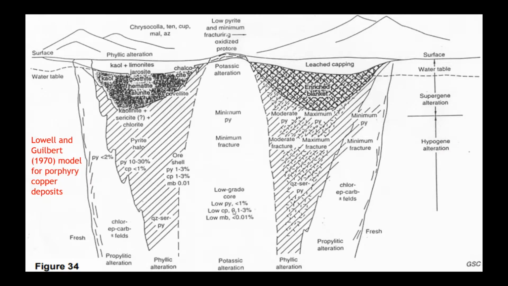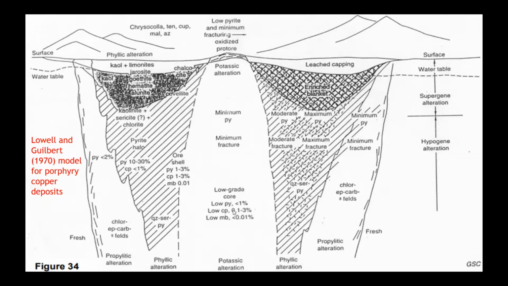Now, surrounding the potassic, intermediate, phyllic, and advanced argillic zones is going to be the propylitic altered country rock. The propylitic zone is always going to be characterized by a green coloration and has an assemblage of chlorite, epidote, albite, actinolite, calcite, and hematite.